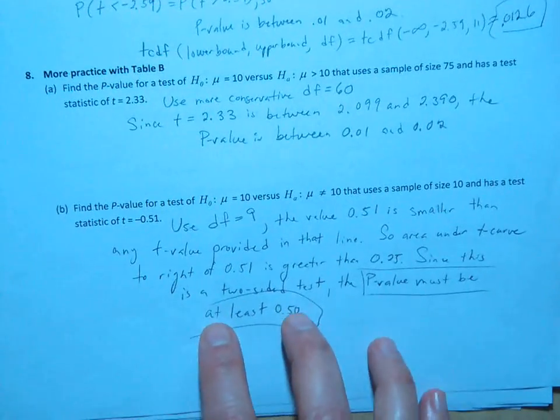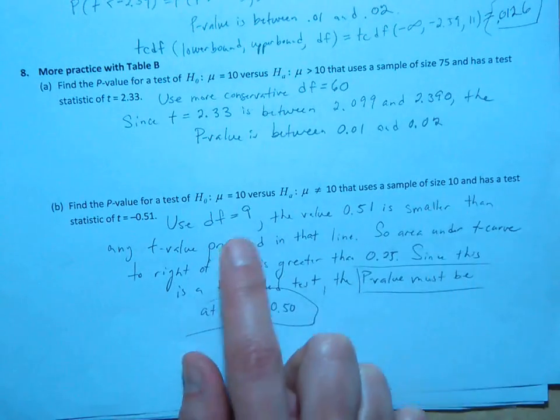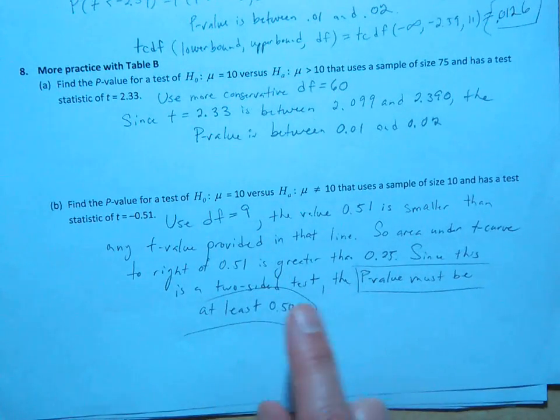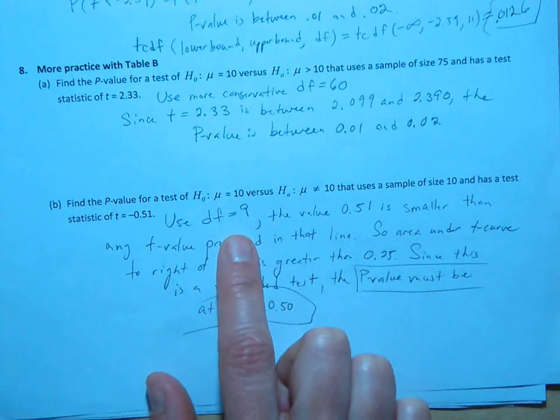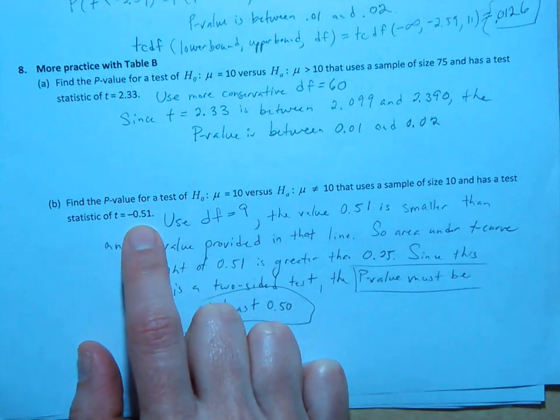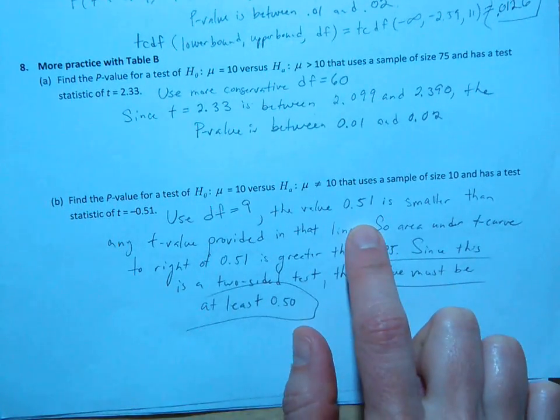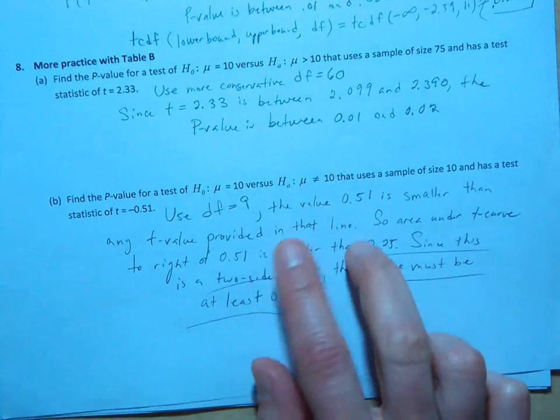So last one, we're just practicing the skill. Sample size 10, degrees of freedom 9. Now watch this. We want a test statistic of negative 0.51, so we'll look for 0.51.